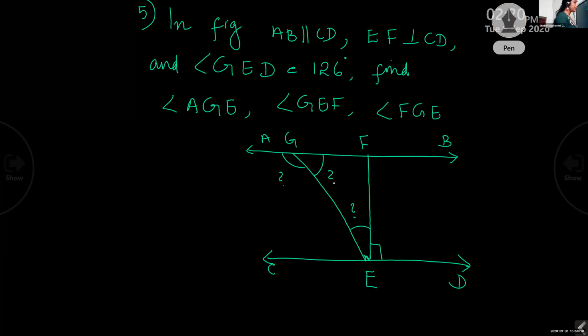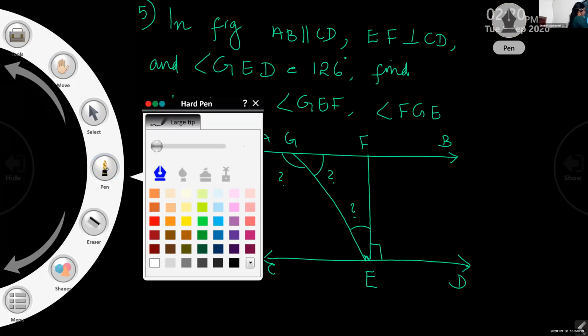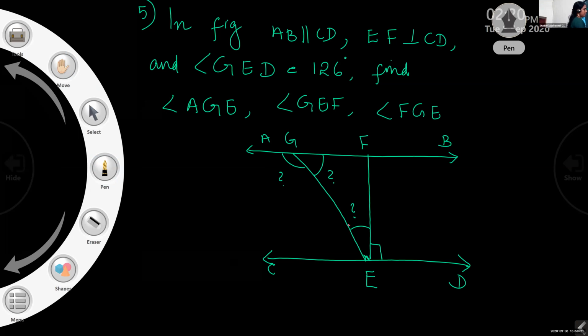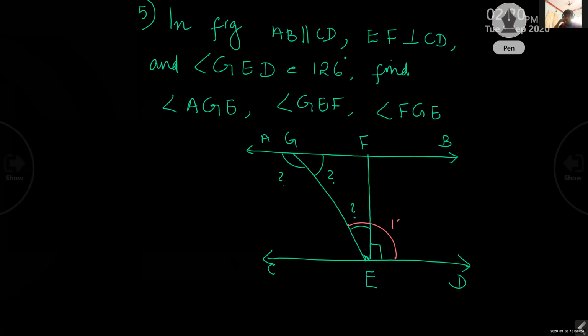And children, here it is given that this one is 126. Only that is given. But you can find. There are a lot of ways to find out. Ma'am, AGE is 126. AGE is 126, correct? Okay.